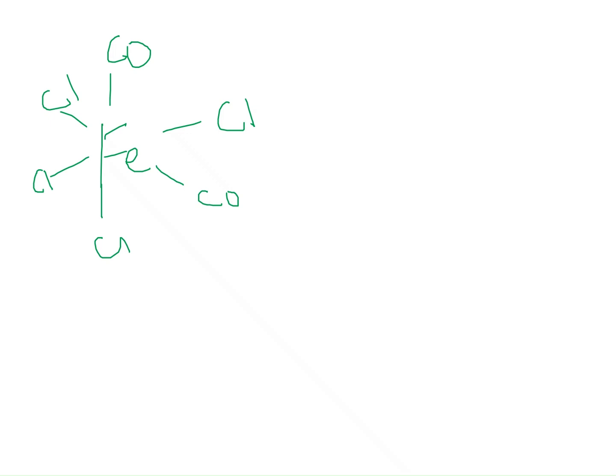Organometallics are metal complexes where the coordination between the metal and a ligand occurs through the carbon. If you look at this structure, the iron, the metal, which can be any metal and any ligand, coordinates to 4 chlorine and 2 carbon monoxide.